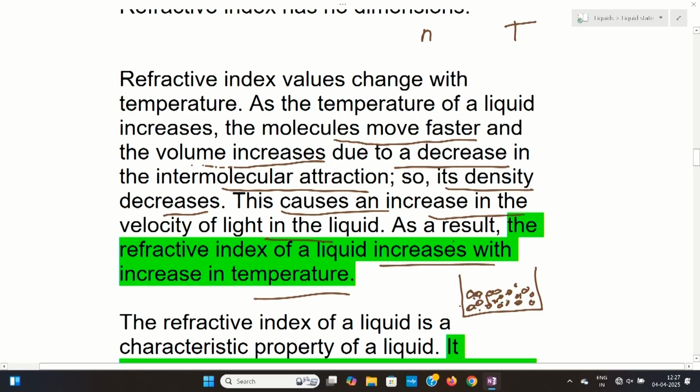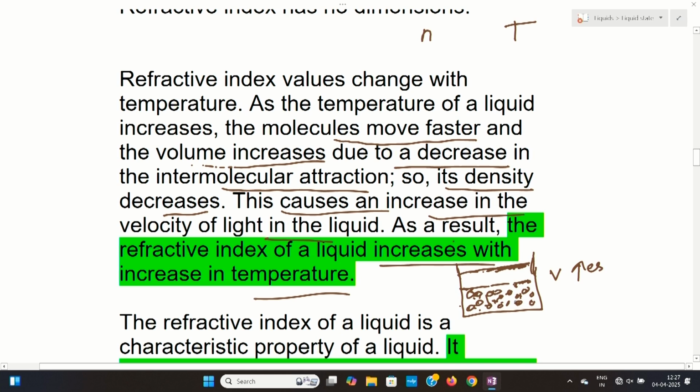As the molecules move faster, the volume increases. Initially we had the molecules only here. Once the temperature increases, the molecules move faster and the volume increases. In this volume only this many molecules are there.